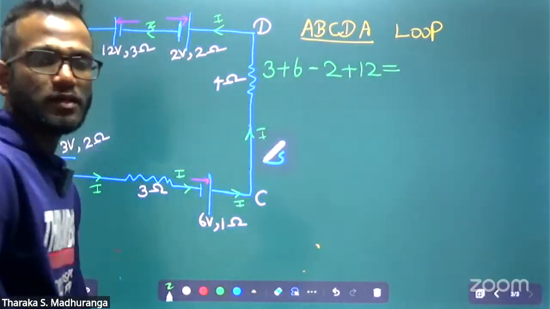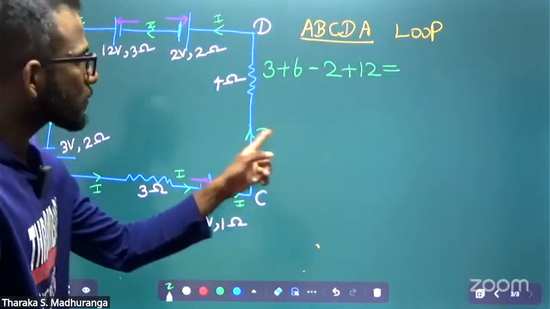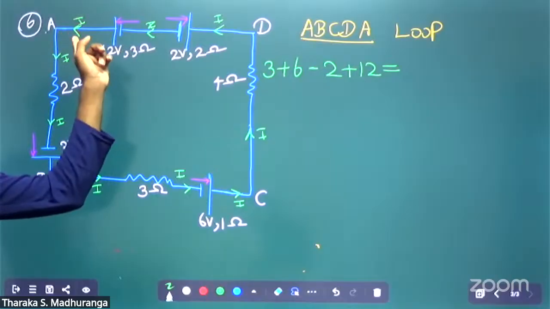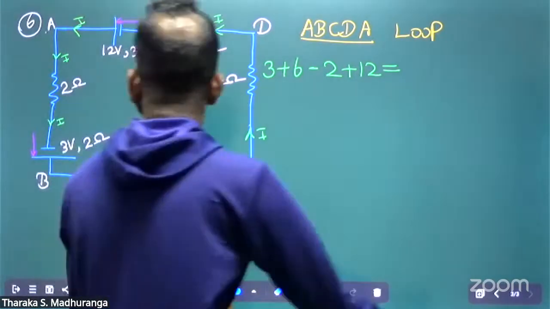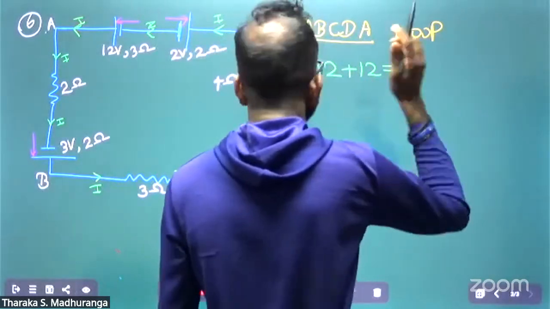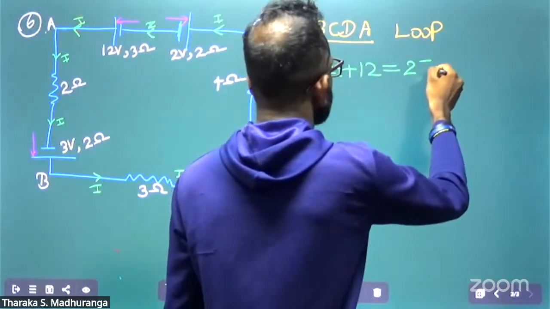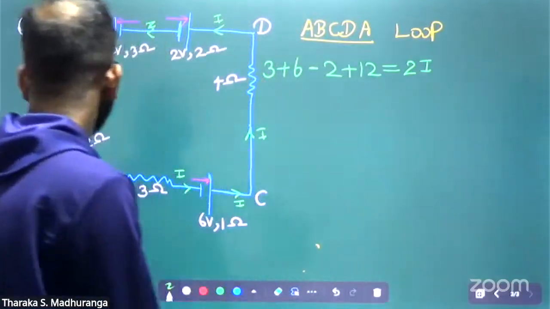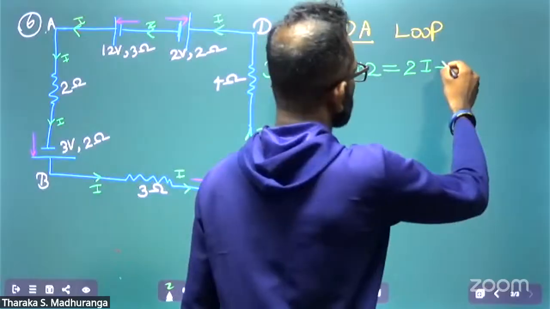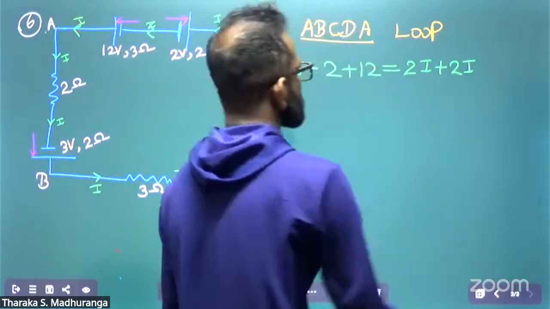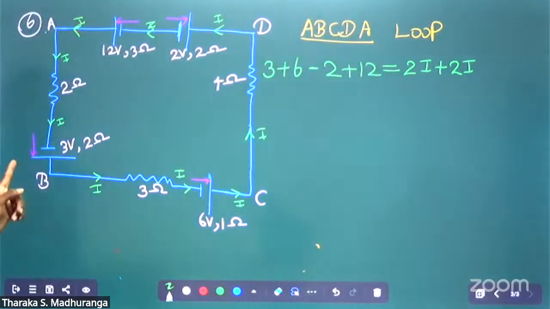After that, get the IR products. IR products also you need to start from point A to B. A to B, there is one resistance, our direction and current direction are the same, plus 2I. Second one also 2, same direction, 2I.